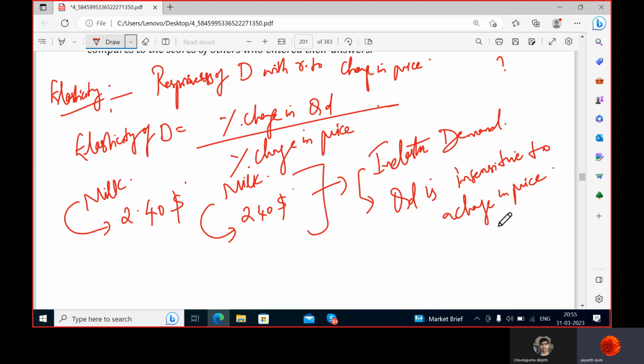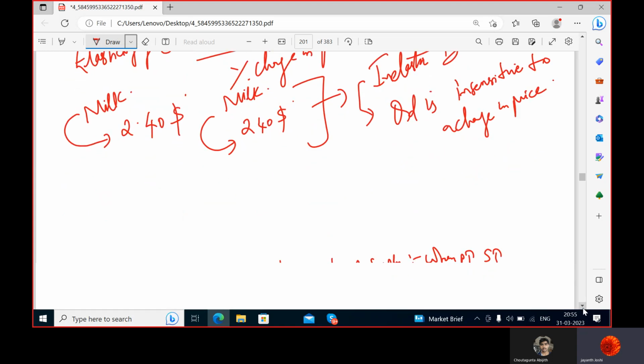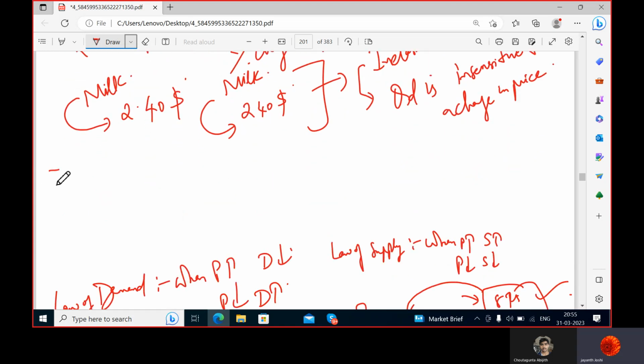We have another measure also to see these kinds of things. I'll give that to you as well. Actually, if price increases, quantity demanded will fall a little. If price decreases, quantity demanded increases a little. So you will only see little changes. I'm writing a statement.